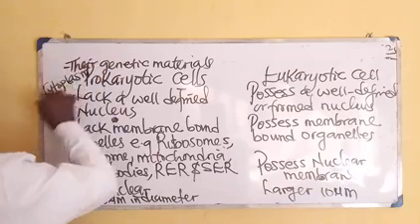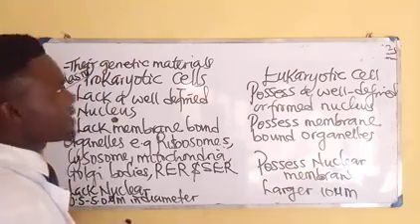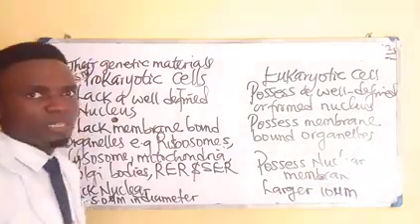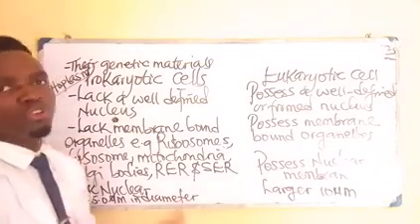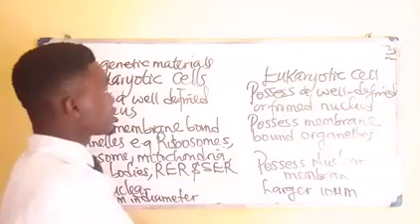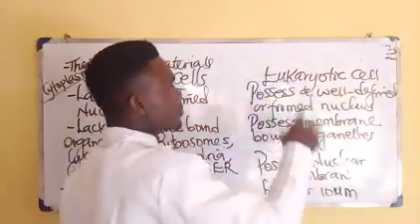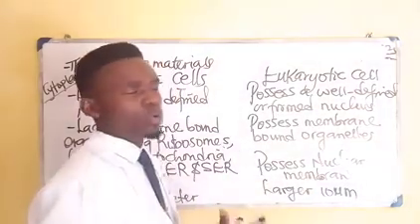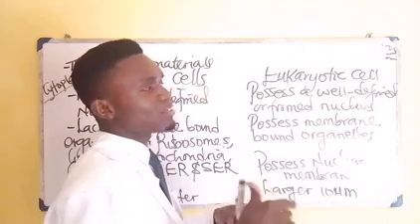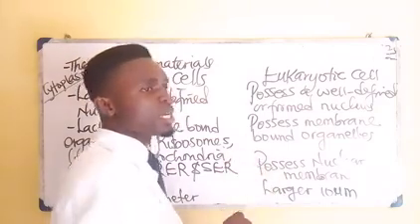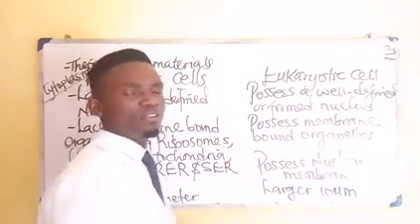Why do you think the genetic materials are found in the cytoplasm? It is because they lack a well-defined nucleus. Eukaryotes have a well-defined nucleus, therefore their genetic materials are not found in the cytoplasm. They are found in the nucleus.